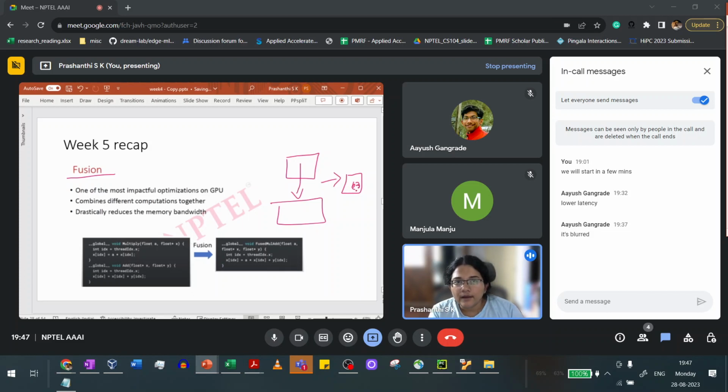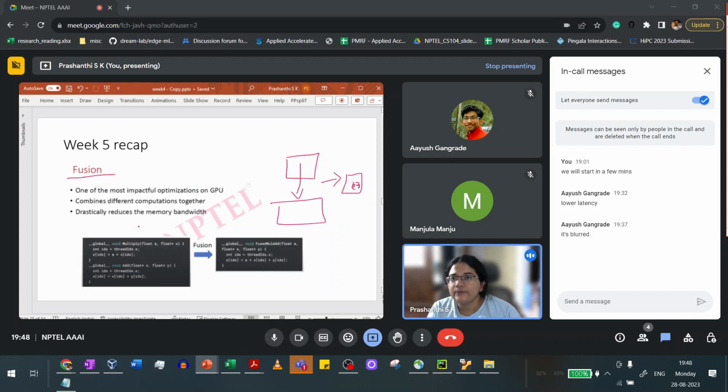But remember that we are operating at the level of frameworks. You only write a TensorFlow model or a PyTorch model, but you still want to benefit from all of these lower level optimizations without actually doing them yourself. So the frameworks typically take care of these optimizations behind the scenes. TensorRT also does automatic kernel fusion.